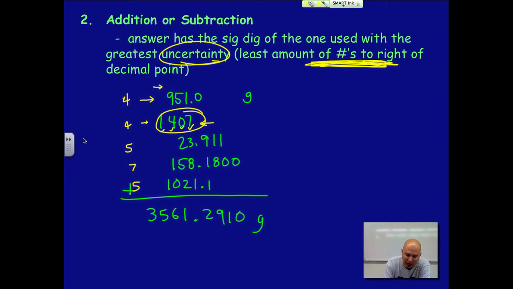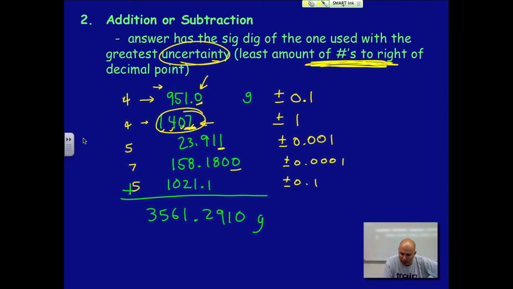Why? Because the uncertainty on this one is plus or minus 0.1, the tenths place. The uncertainty here is 1, the ones place. The uncertainty here is plus or minus 0.001, the thousandths place. Here we've got plus or minus 0.0001 and plus or minus 0.1, the tenths place. The greatest uncertainty, 1, is greater than any of these numbers.